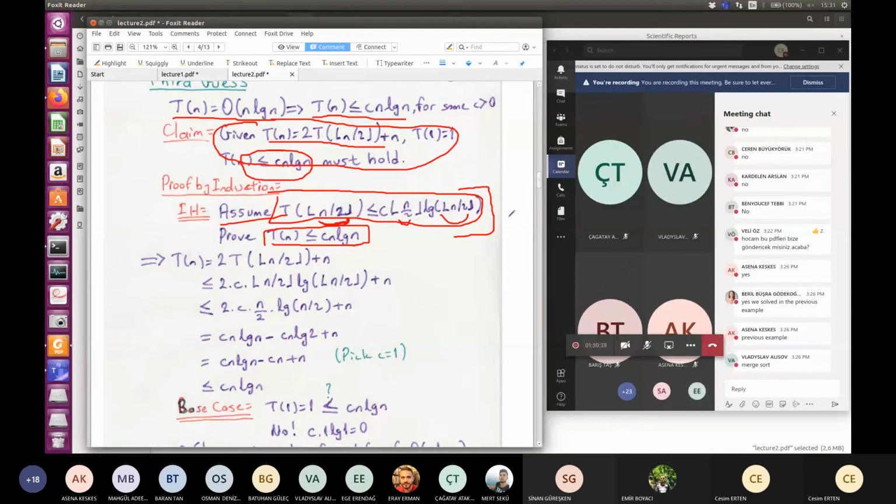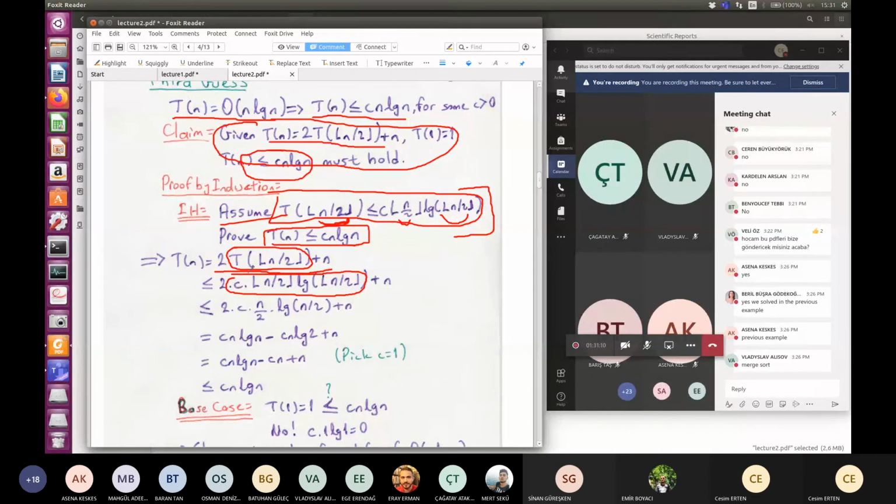Okay, now using this inductive hypothesis, we first take our recurrence, the definition of our recurrence, which is T of n is equal to 2 times T of n divided by 2 plus n. Now at this point, we use our inductive hypothesis and replace this T of n divided by 2 with this term, C times n divided by 2 times log of n divided by 2.